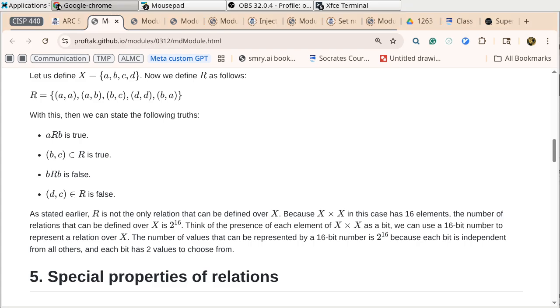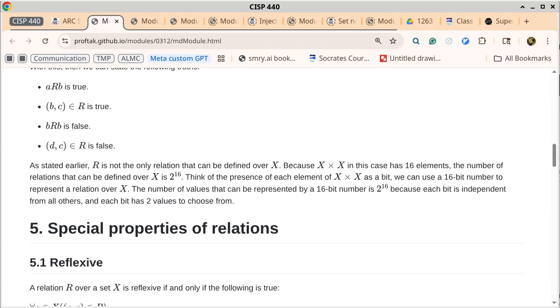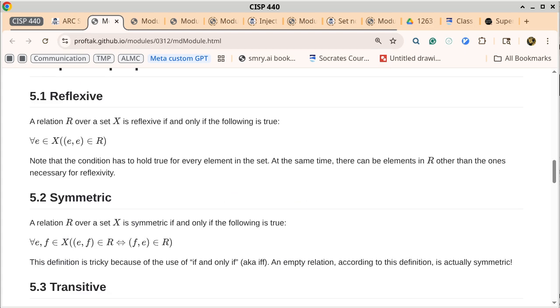All right, so now we're going to take a closer look at some of the properties of a relation. The first one is reflexive. Reflexive is basically asking the question of whether every element of X relates to itself using R as a relation. If so, then relation R is said to be reflexive.